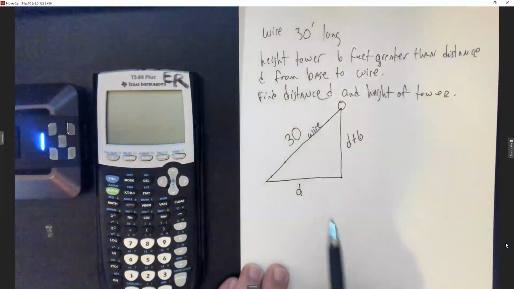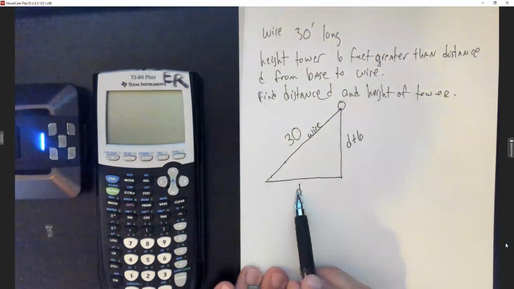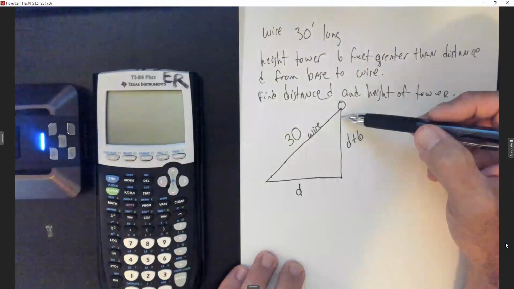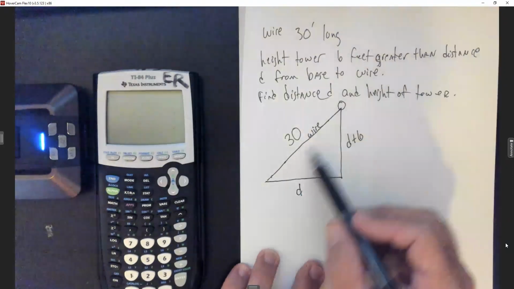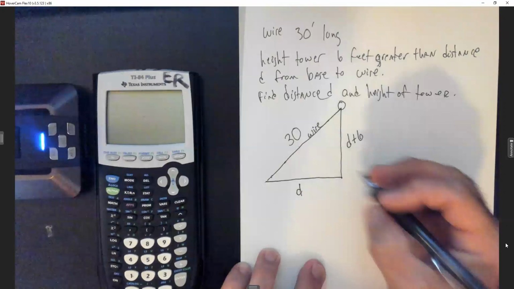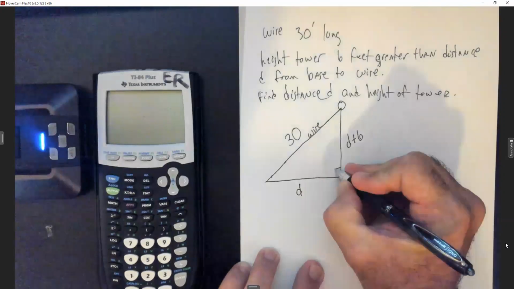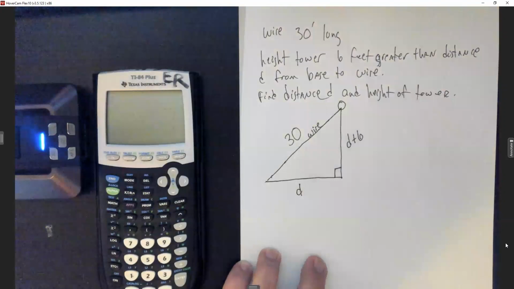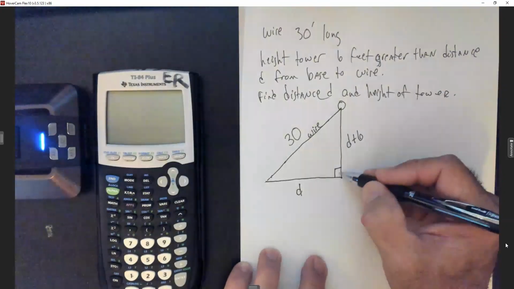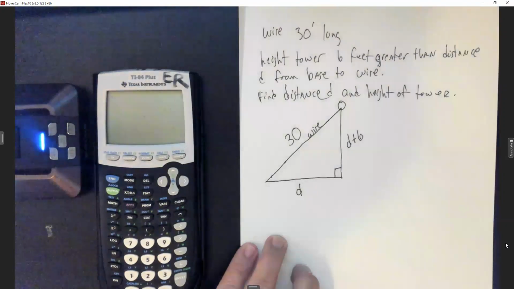I didn't know the distance D, but I did know my tower was 6 feet taller. Now, if you notice, this makes what we call a triangle, right? And it's a special triangle. This is a right triangle, which means you have a 90-degree angle here. And I got a nice little formula that I can use to solve right triangles.